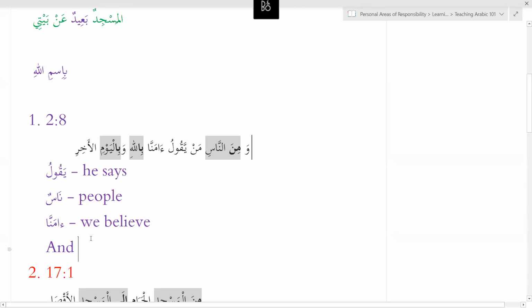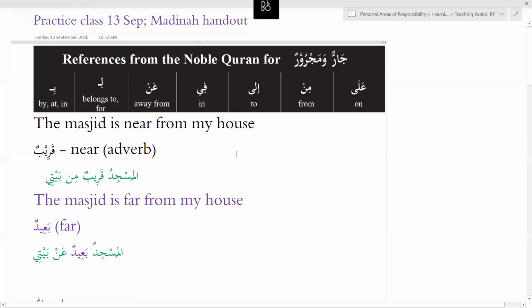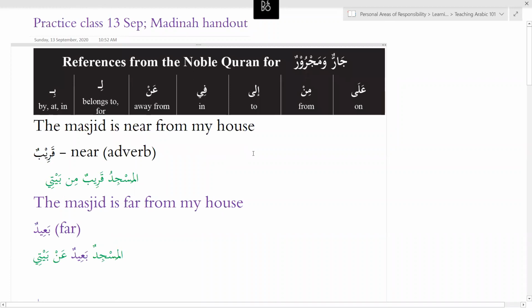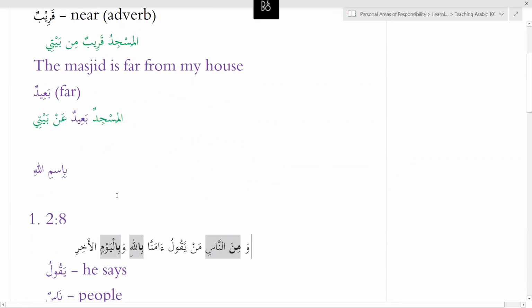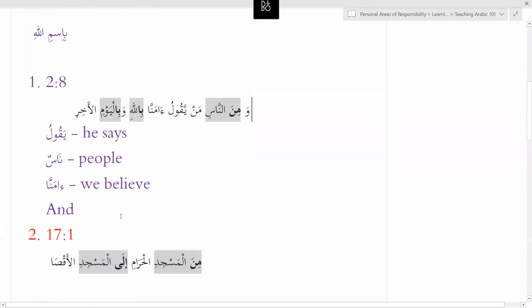To the people? What does min mean? What's min? Yes. So what is minan nasi? From the people. From the people. Very good. And go on.